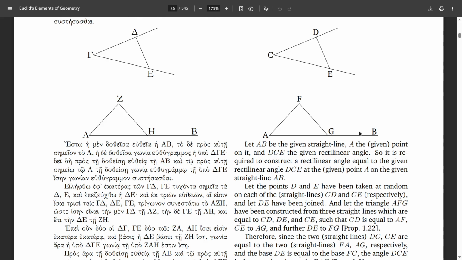Let the points D and E have been taken at random on each of the straight lines, CD and CE respectively.